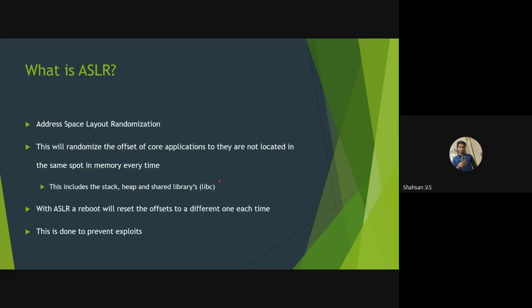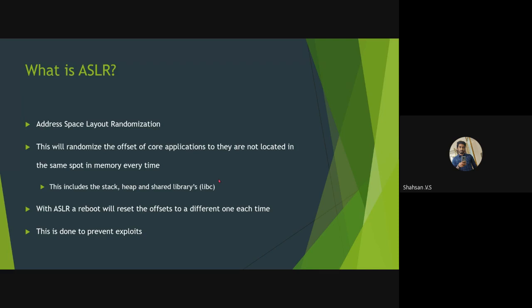Now we'll move on to ASLR, address space layout randomization. This is a security feature involved in the kernel. It was introduced to Linux kernels in 2005 itself, so it is not a new security feature. Usually hackers know the memory locations of where the information is being stored.